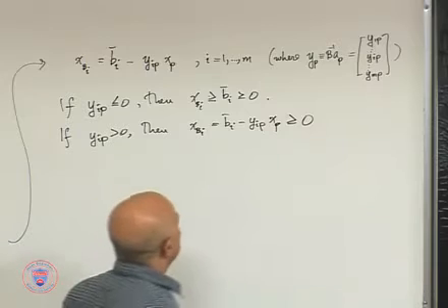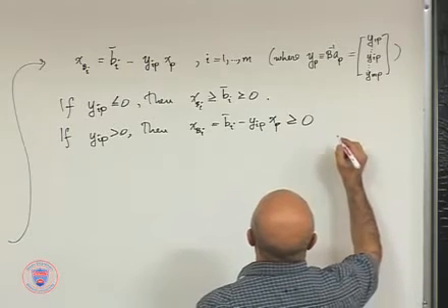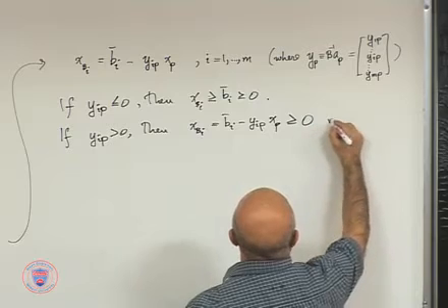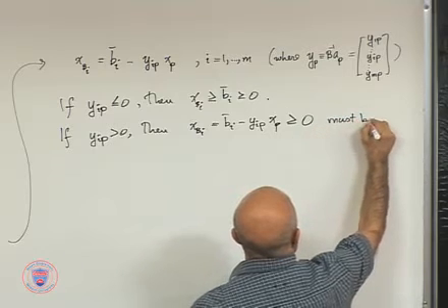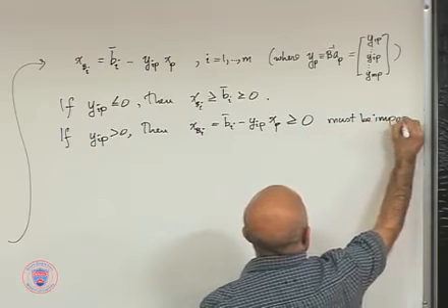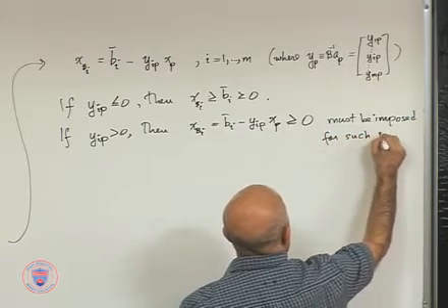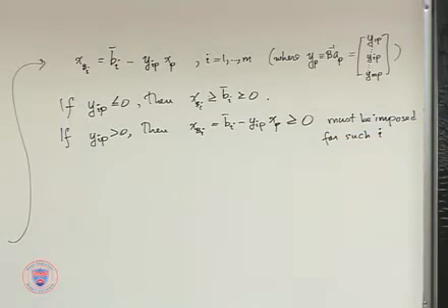That's what you want to prevent. So this must be imposed, and it must be imposed only for those i for which the multiplier y_ip is positive.